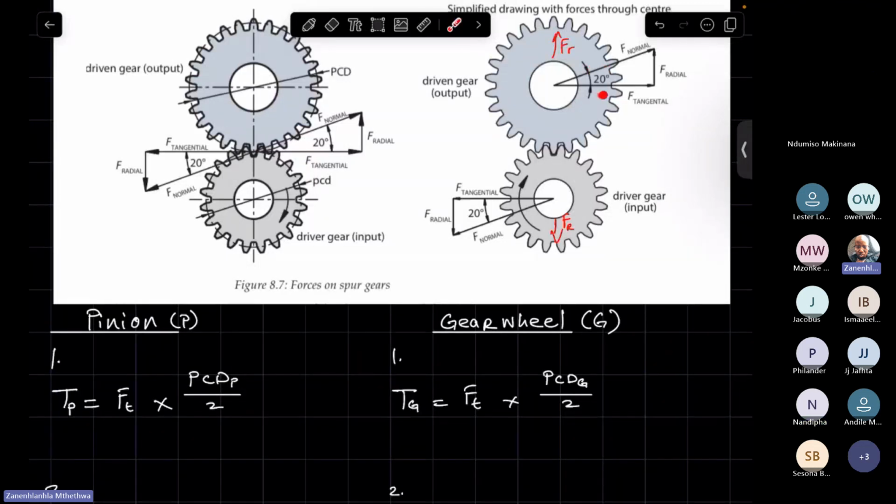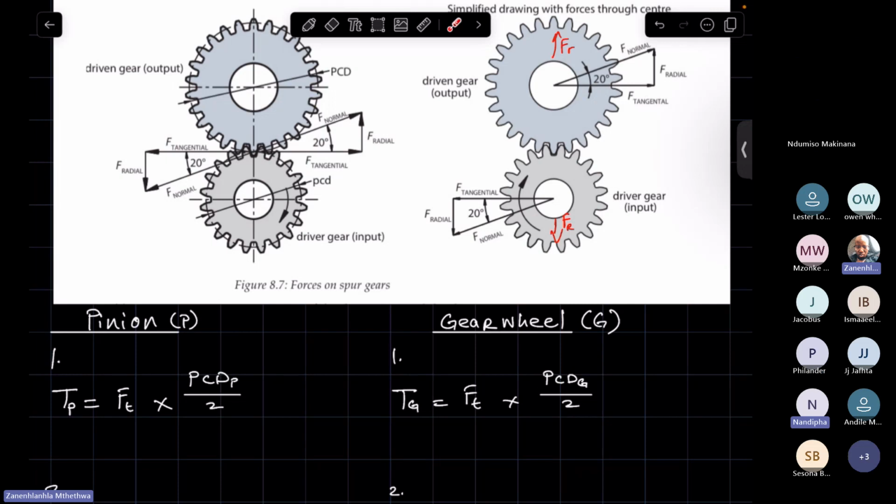Do we understand this 20 degrees, where it comes from? The 20 degrees is always given. Even if it's not given, we always assume that the envelope angle or pressure angle is 20 degrees. The table has 14.5 and 20.